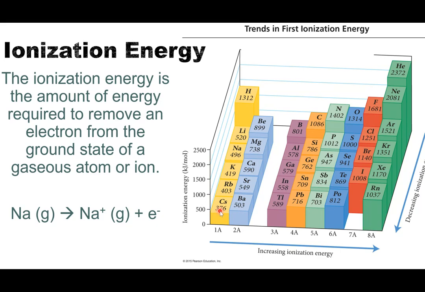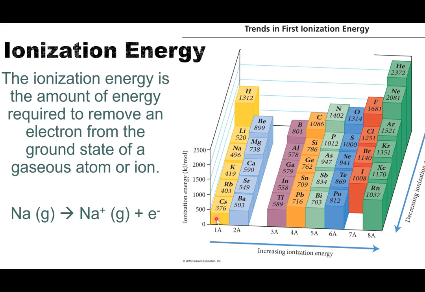So top to bottom, ionization energy goes down. Well, why does that make sense? Think about what electrons we're removing. We're removing valence electrons, right? So as we go from top to bottom, why would it be easier to pull an electron off of cesium than it would be hydrogen?